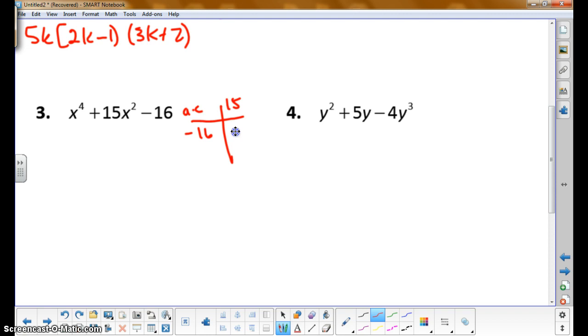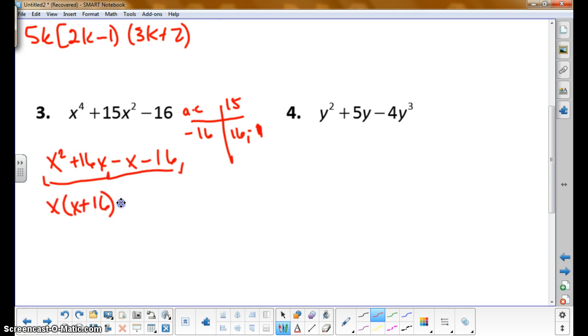And that's going to leave us with 16 and -1 as our middle term split. X squared plus 16x minus x minus 16. And then we do our pairs, and that would be x plus 16 and minus 1x.